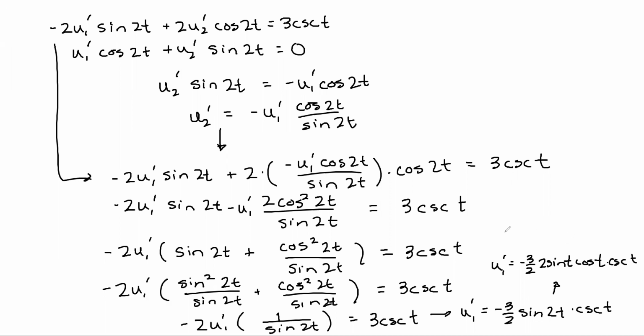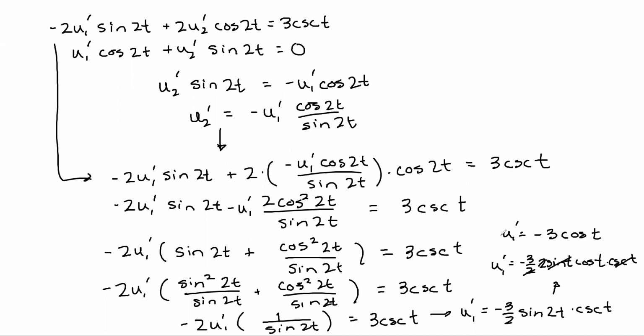And then finally, sine times cosecant. So cosecant's 1 over sine. So those are going to cancel. The 2's are going to cancel, right? And we're left with negative 3 cosine of t. All right, so that's what we end up getting for u1 prime.